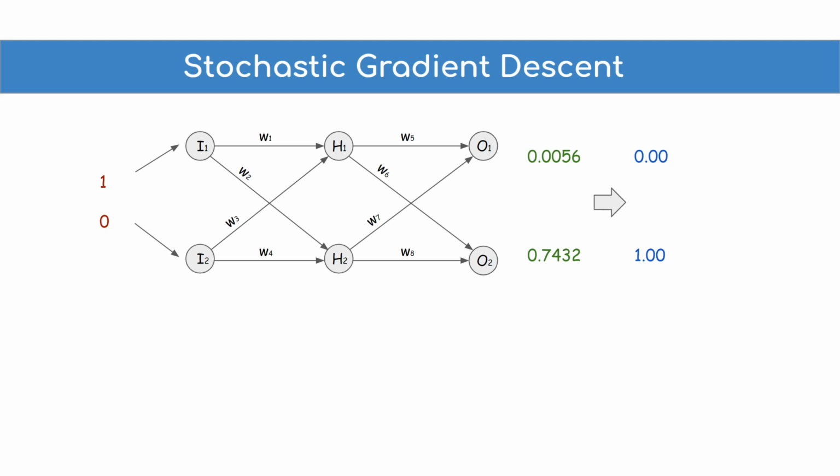In this particular example, we calculated two values, which are, for example, 0.0056 and 0.7432, which are not exactly our target, which is 0 and 1. So you can quickly guess that the goal of this network is to do simple negation of input values in this particular case. Now we are able to calculate the error.